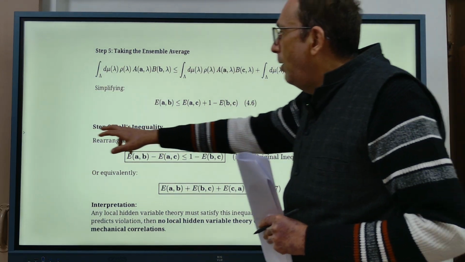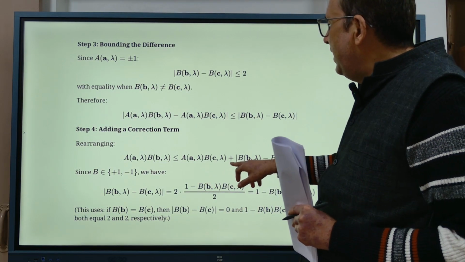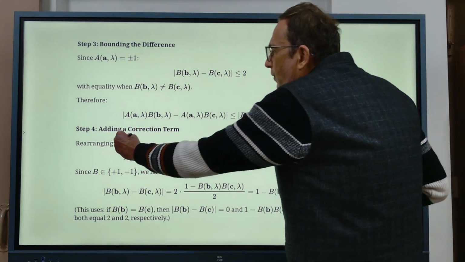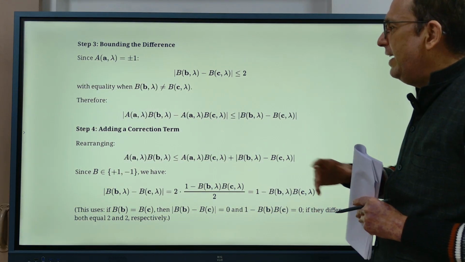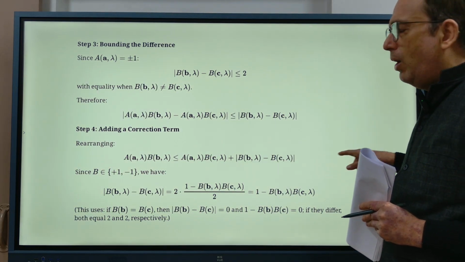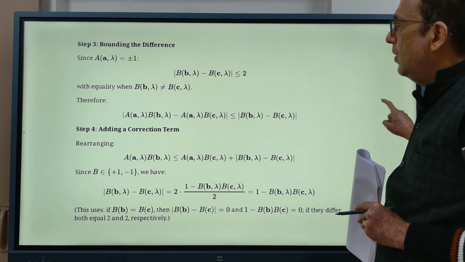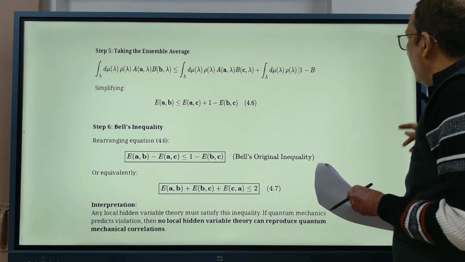From this previous condition, we are integrating over all values of lambda after multiplying with the probability density, and we are taking this throughout the equation. That integration is done throughout this inequality. So we get this particular equation, and here I have to complete this.